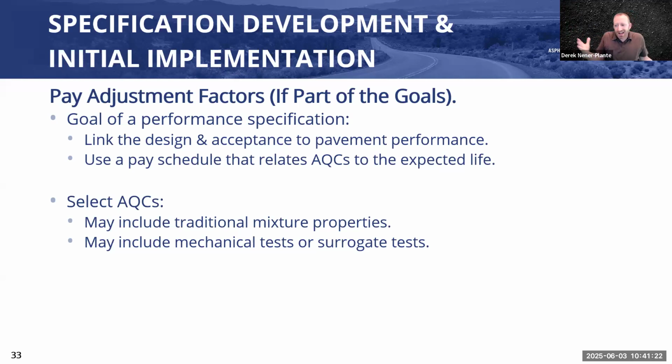But it is kind of the goal, if you step back, of a performance specification: if this test matters, can I just pay on it? I pay if it's good, I don't pay if it's not. So conceptually, it makes sense, right? But in order to do this, we need to find a way to rationally defend a way that relates pay to that quality characteristic that relates to expected life in some way, shape, or form.